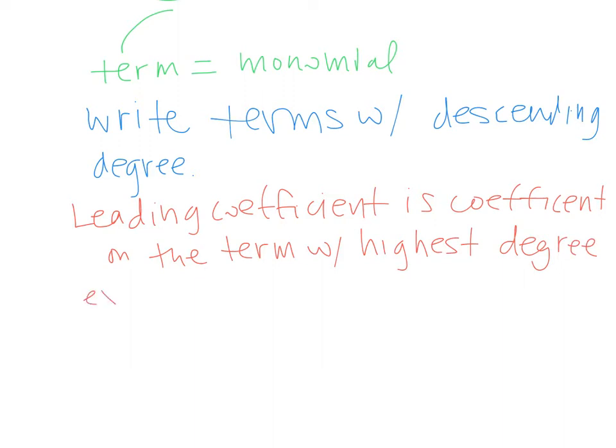Sorry, it takes a long time to write out. If we have something like 5x squared minus 6x to the fourth plus 10x cubed minus x plus 1, the leading coefficient here is, we want to look for the term that has the highest degree.